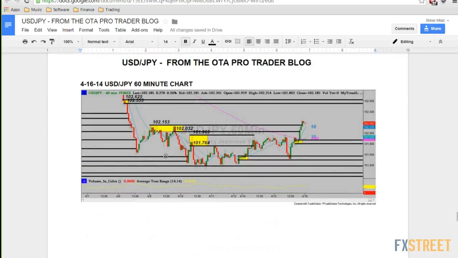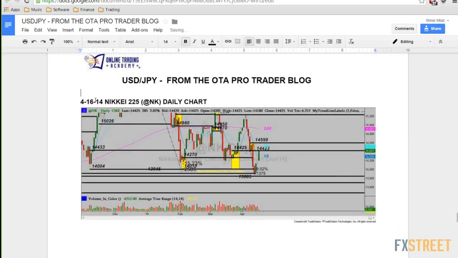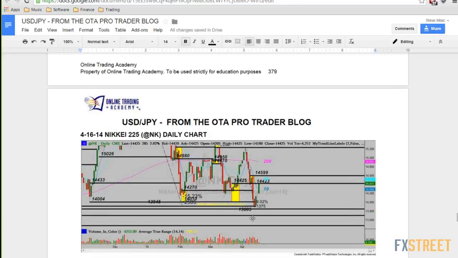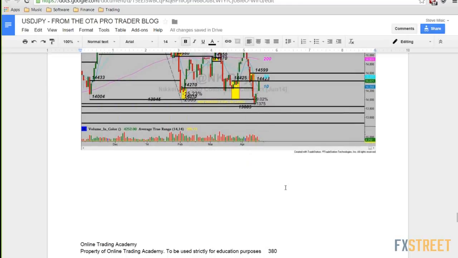And when we get to 4/16, the Nikkei actually hits a daily supply level, 14,423, 14,599. So remember, this is kind of the pattern for the last 2-3 months. Down to demand, up to supply.